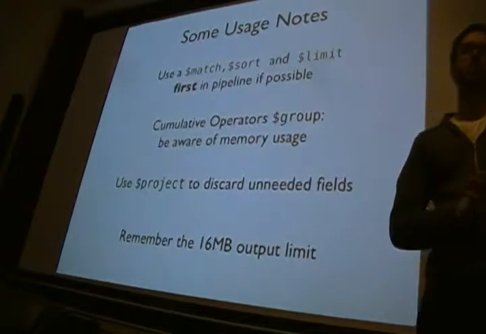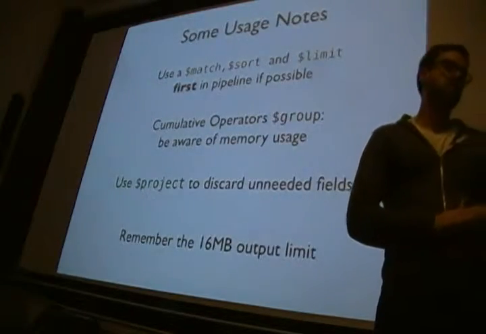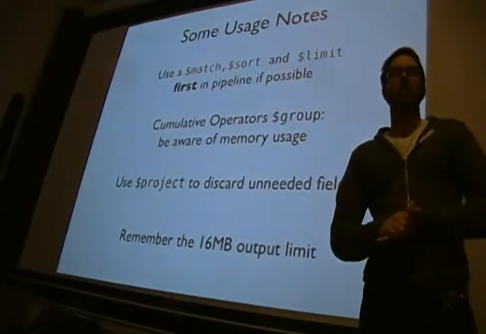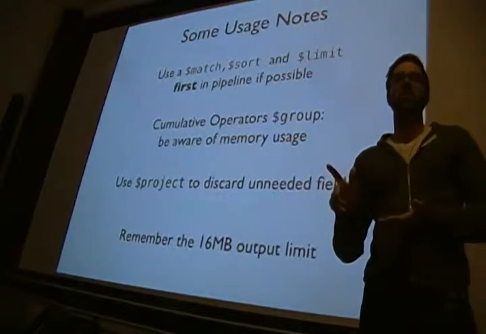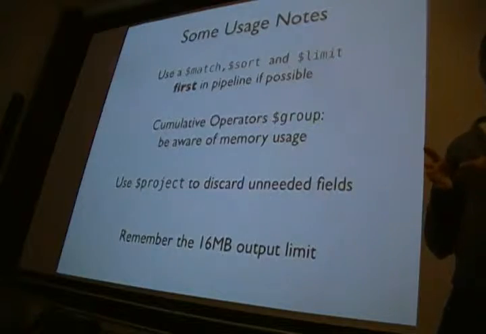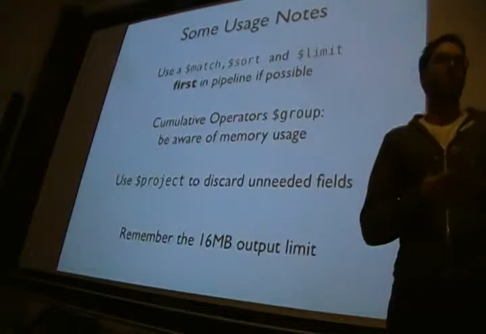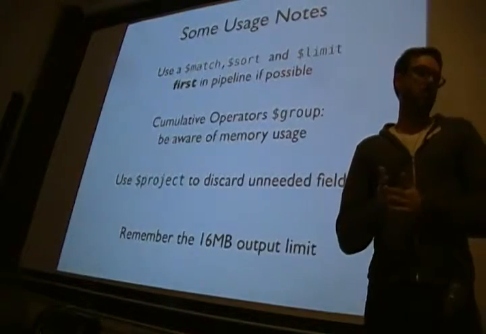When you're actually using it in production, some of the things to think about are performance. Usually it's good to use match, sort, and limit in the pipeline as early as possible. The reason for that is that it limits the amount of memory overhead that the server needs to use and makes the queries a lot simpler.